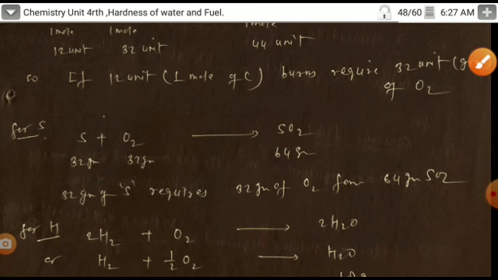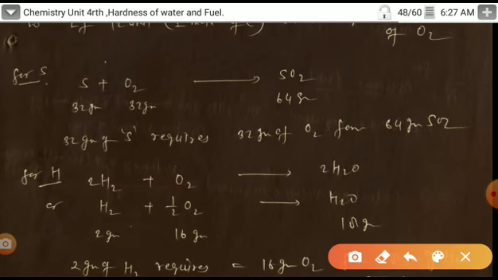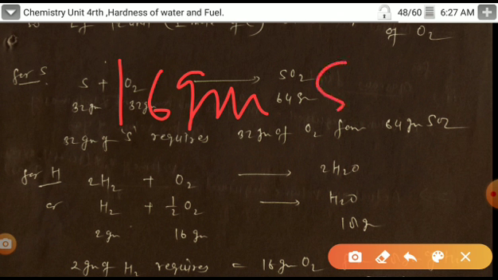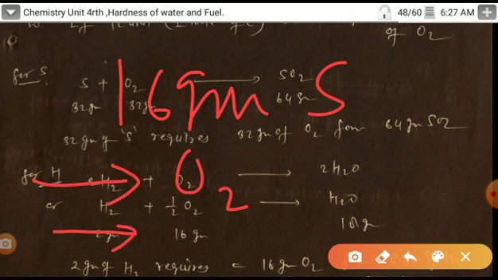If you face a question in your examination asking what amount of oxygen is needed when 16 gram of sulfur is burned at STP, and what amount of sulfur dioxide can be formed: for the complete combustion of 16 gram of sulfur, oxygen needed is also 16 gram.